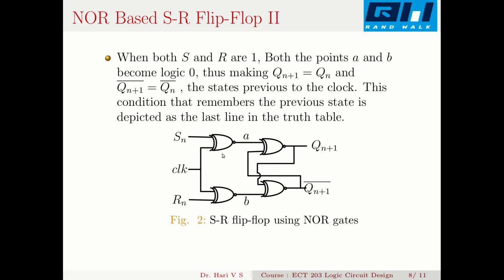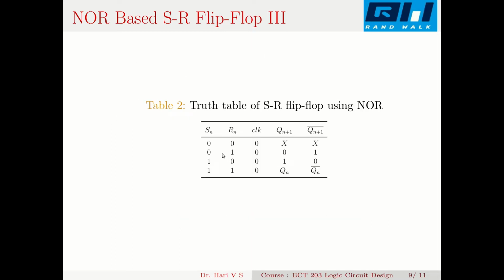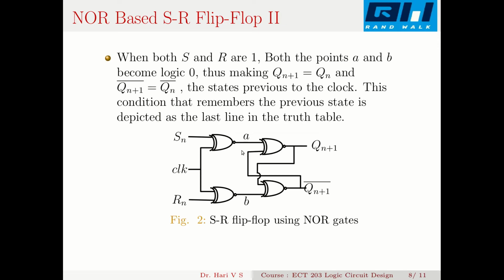Now let us see what will happen if the clock is low and S equal to 0 and R equal to 0. Then both of these outputs A and B will become high, because this is 0 NOR 0 complement, and this is 0 NOR 0 complement; both A and B become high.